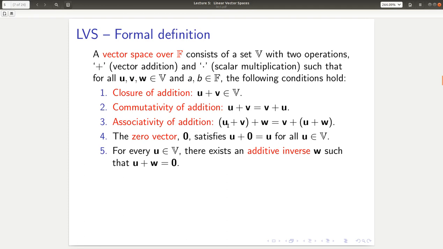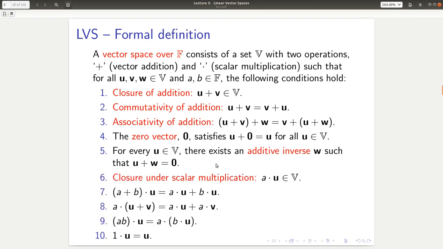As you can see, these are intuitively obvious properties, but if you have to be mathematically precise, we need to put all these things in. And of course, there is a zero vector, which satisfies that when you add it to any vector u, it gives the same vector. That is the fourth property. And the fifth property is that for every u, there exists an additive inverse w such that u plus w equals 0.